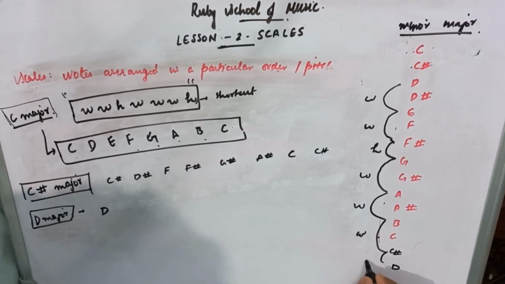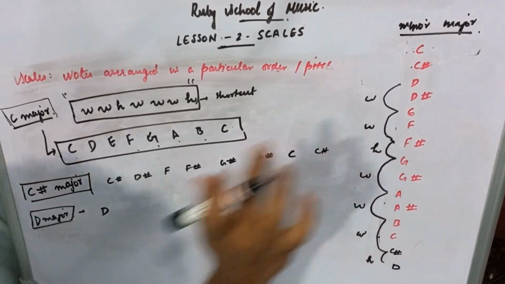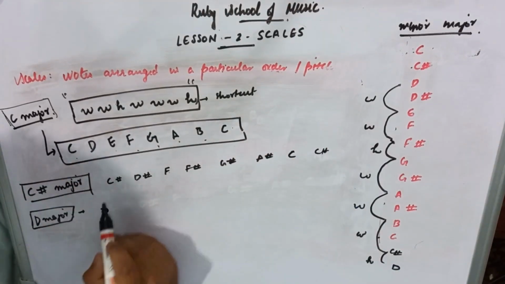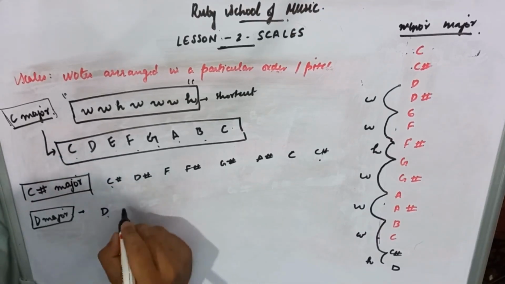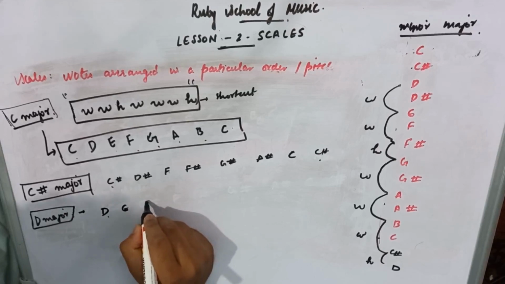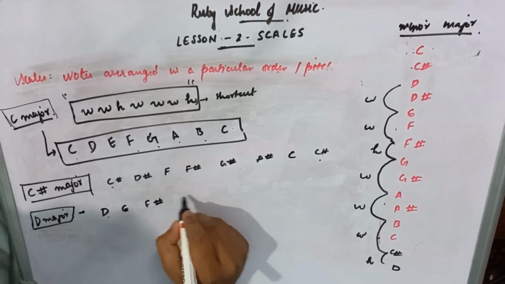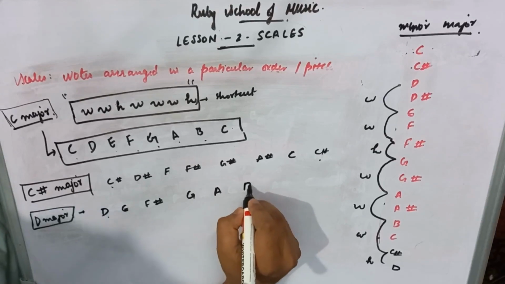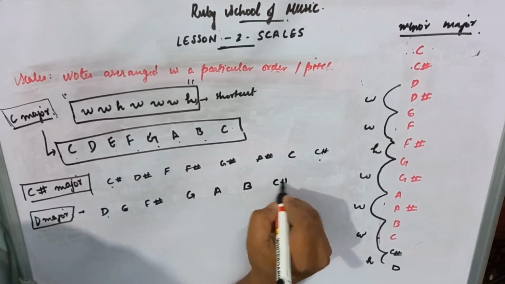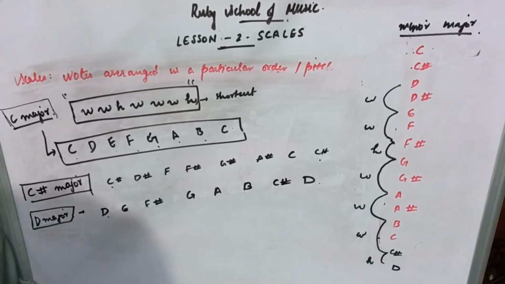D, half. So as you can see, every scale ends the same way it began. C sharp will end with C sharp and D will end with D. So what are the notes? D, E, F sharp, G, A, B, C sharp and D.